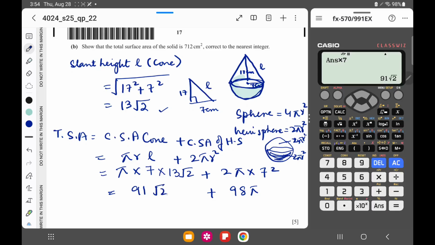Now we are adding 91 square root 2 pi and 98 pi. So that is 91 square root 2 pi plus 98 pi, and your answer is 712.178.